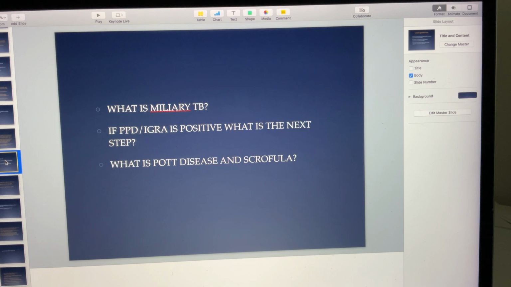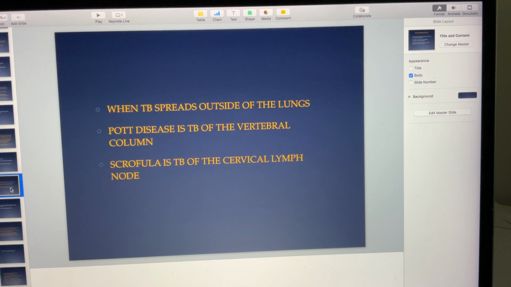Next question, what is miliary TB? Very important question. And if PPD or IGRA is positive, what do you want to do next? And what is Pott's disease and scrofula? All right, let's find out. Miliary TB is when TB spreads outside of the lungs.